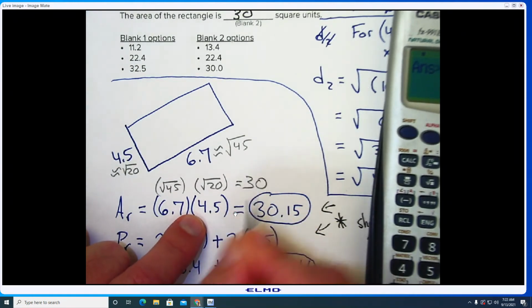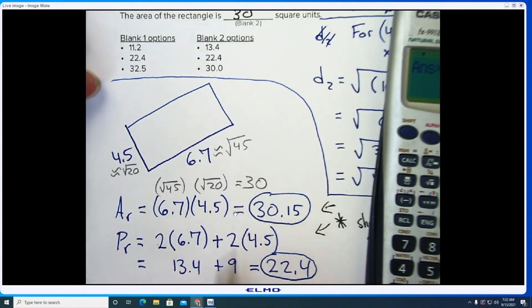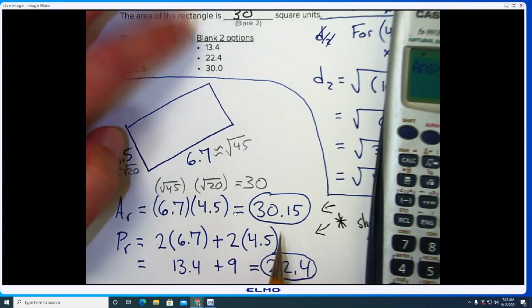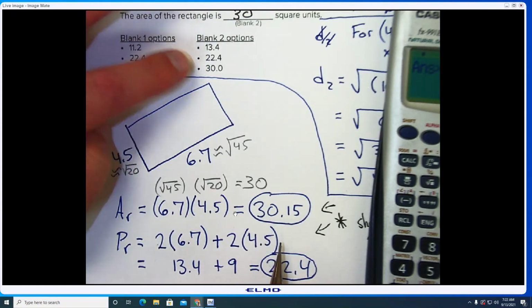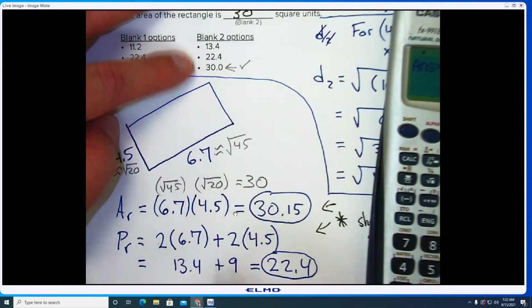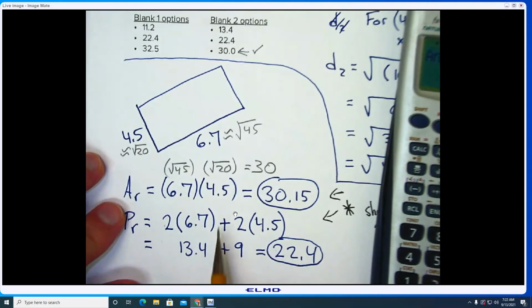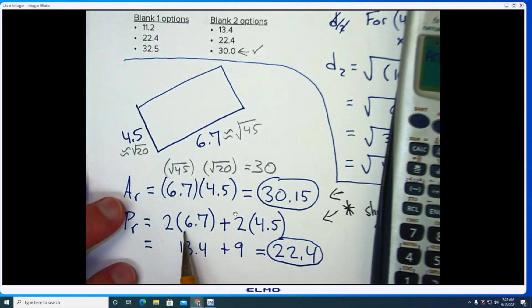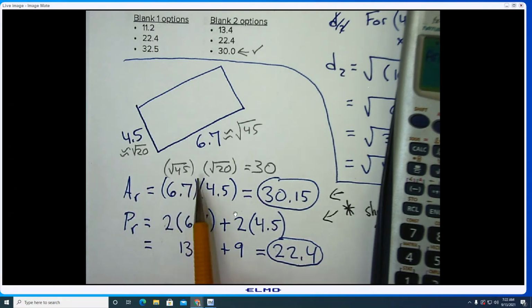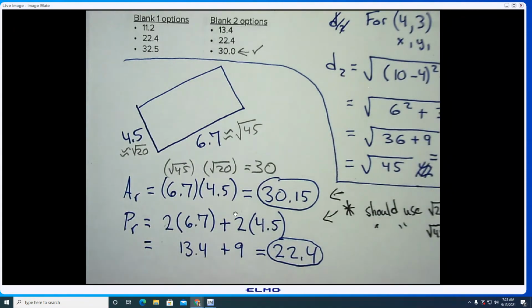There's no rounding needed. And area. So be careful. I put these a little bit out of order. If we mix them up, we're in trouble. So I got exactly 30 right there. That checks out. We would do the same thing for this one right here. And then you round at the end. So it's important that you should always use your irrational numbers and then round at the very end of the problem. Okay, everything links together.